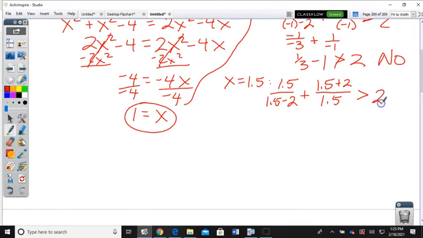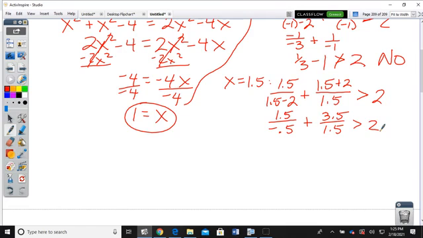Is that going to be greater than 2? Well, that would be 1.5 over negative 0.5 plus 3.5 over 1.5.